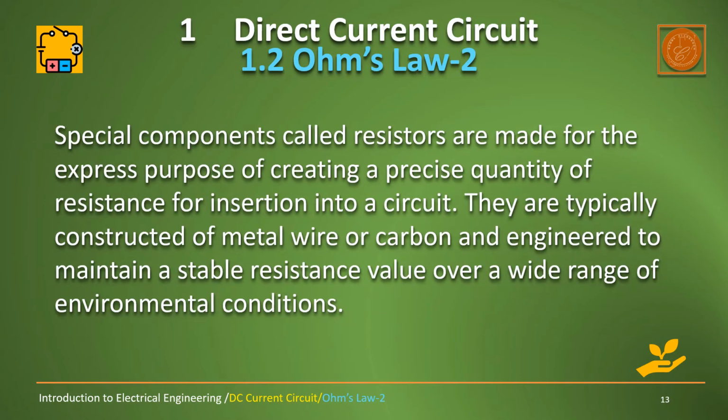Special components, called resistors, are made for the express purpose of creating a precise quantity of resistance for insertion into a circuit. They are typically constructed of metal wire or carbon and engineered to maintain a stable resistance value over a wide range of environmental conditions.